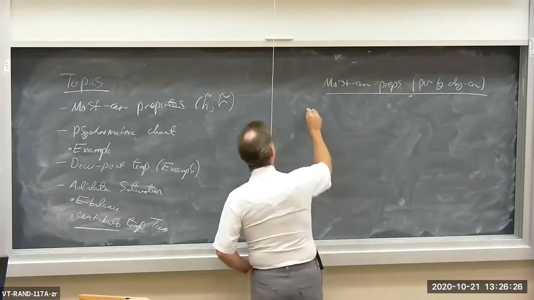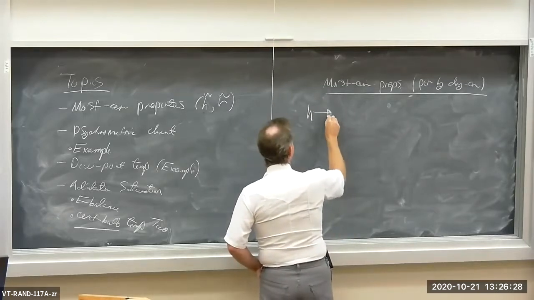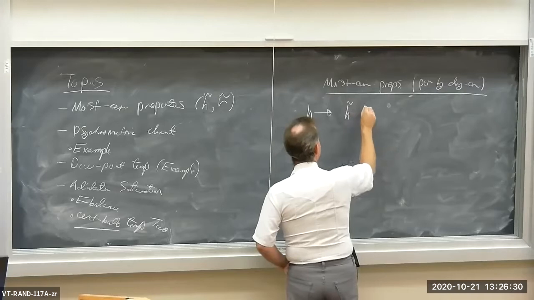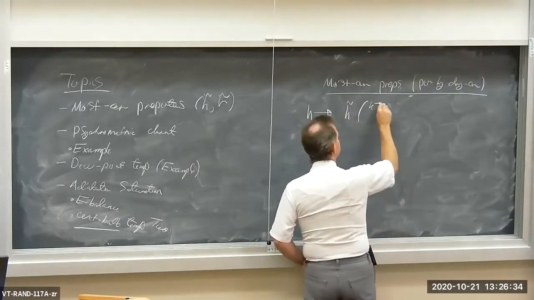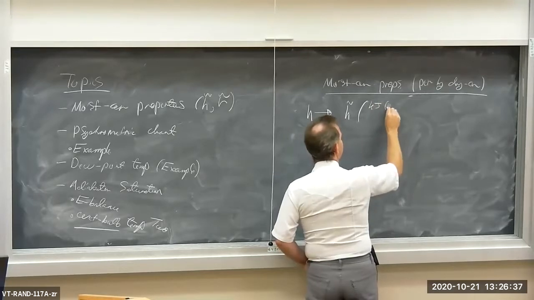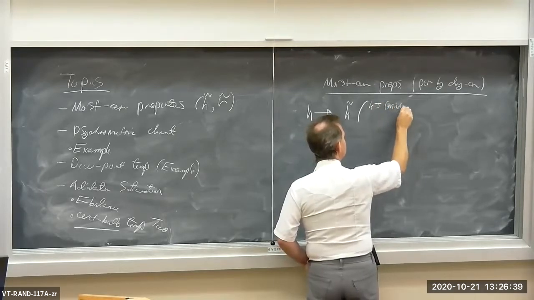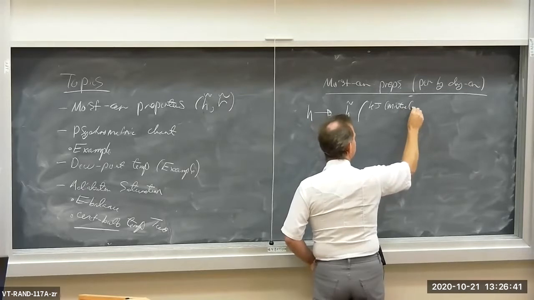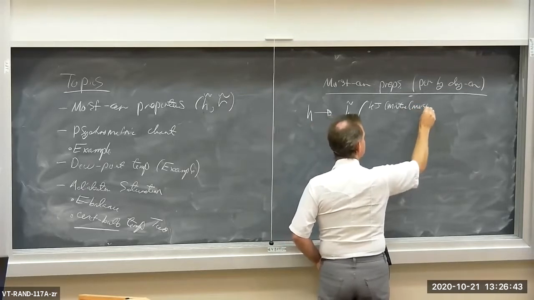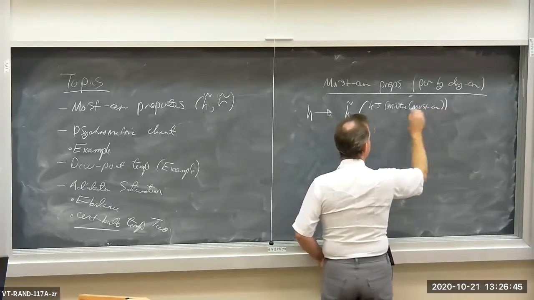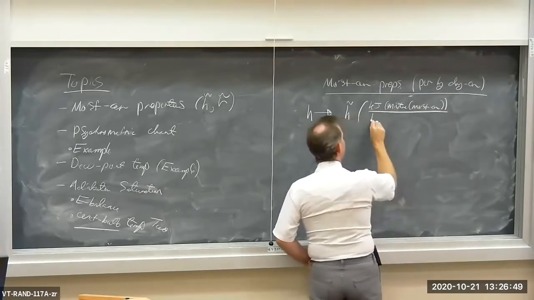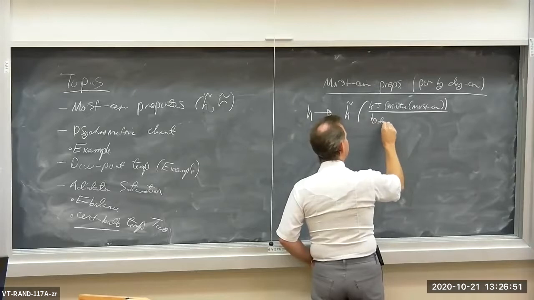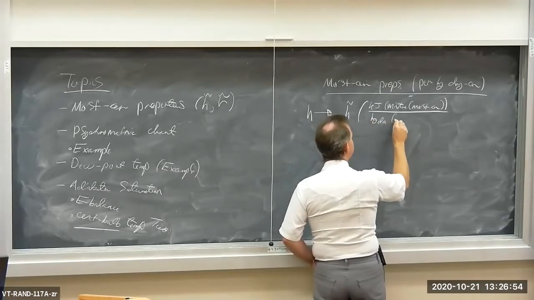So in our case, h becomes h tilde, and the unit on h tilde is kilojoules in the mixture, which is moist air, divided by kilogram dA. What's the dA refer to?